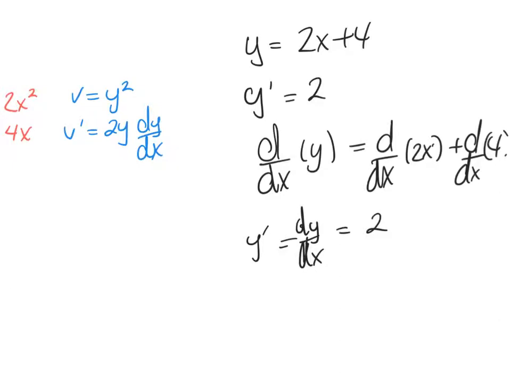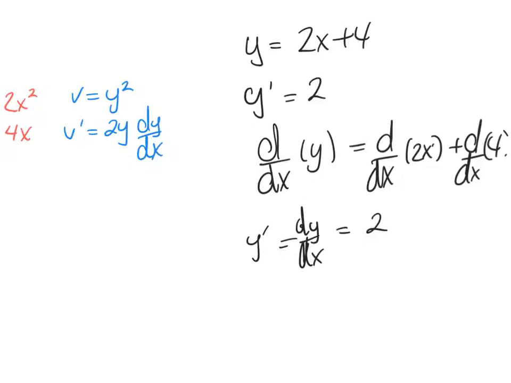So up until now, we've kind of been lazy with our notation, but now it's important to pay attention to the notation. Every time you're doing the derivative of y with respect to x, there will always be a dy dx attached to it, or y prime, whichever one you prefer.